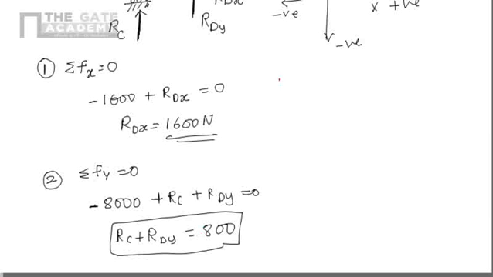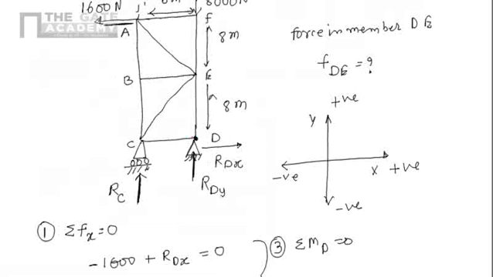Now let's take condition number 3, that is, the algebraic summation of moments of all the forces about D should be 0. I am considering the point D here. If you see, RDX and RDY are passing through D, so the perpendicular distance is 0, so the moment is 0.